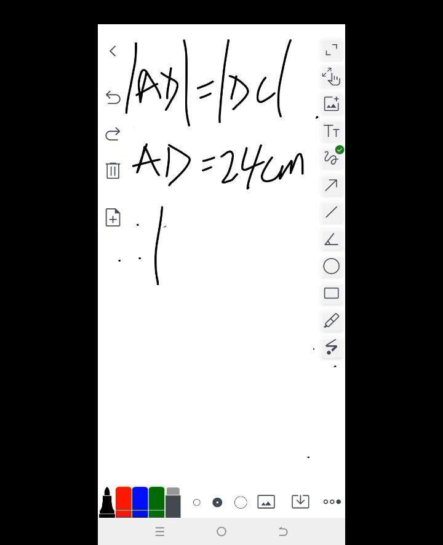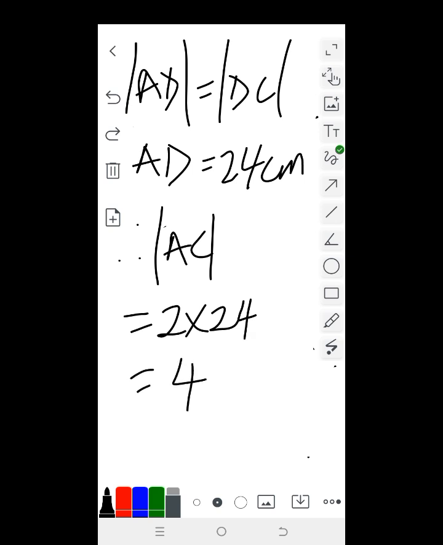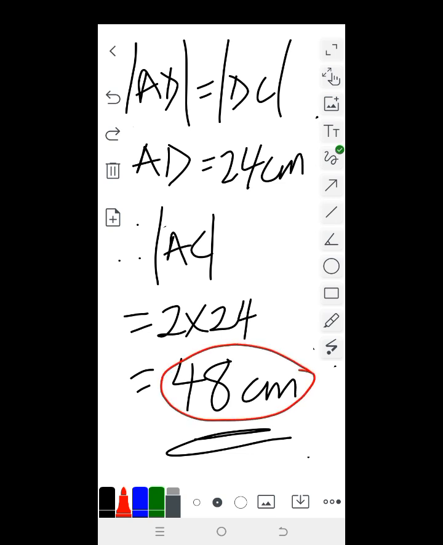Since we already know AD to be 24 centimeters, therefore DC is 24 centimeters, and our chord line AC would be equal to 24 centimeters plus 24 centimeters, or 2 times 24 centimeters, which is 48 centimeters.